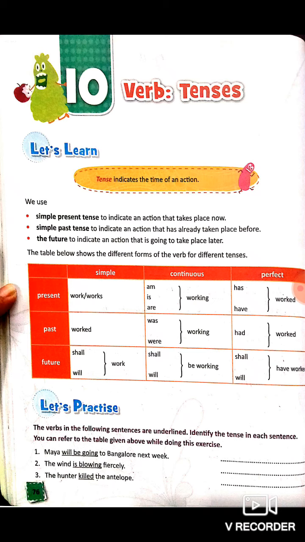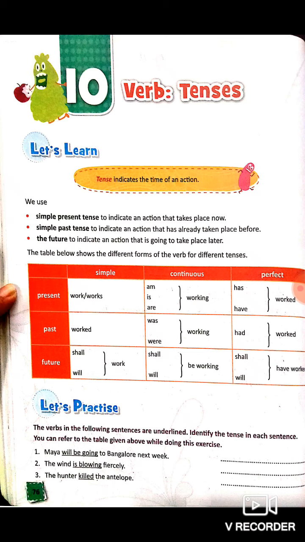In future, we use shall or will plus the root form of the verb, we will work or I shall work. And in the continuous, we use shall or will plus be plus root form of the verb plus ing. And then in the perfect tense forms, shall or will plus have plus past participle form of the verb. So I shall have worked, they will have worked.